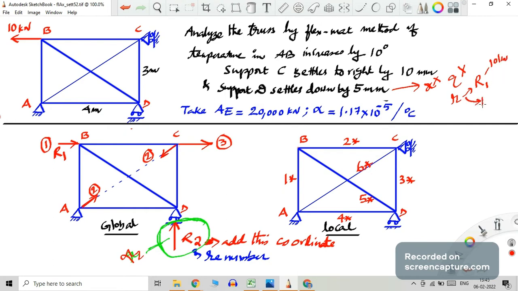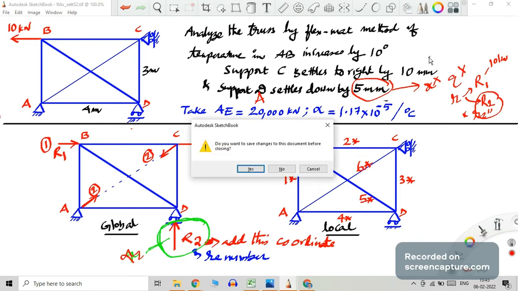So you need a capital R2, or small r2, to represent this 5 mm. That is a general principle. Suppose this problem changes to support A settling down by 5 mm. Naturally, that R2 has to be marked at support A, not at support D. Here we have marked R2 at support D because it is settling down, so that general principle I have applied.